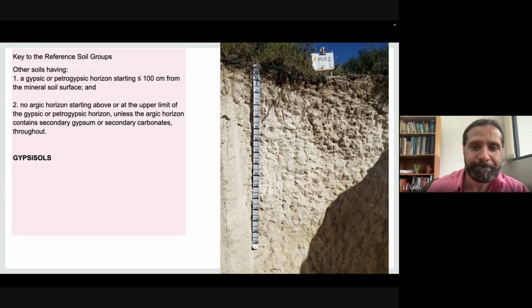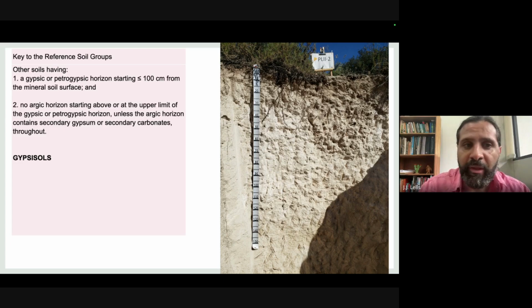Okay. We also have some soils that are expressing secondary precipitation of something. And in this case, they are the Gypsisols. The Gypsisols are not classified in the previous reference soil groups, and then they register a gypsic or petrogypsic horizon in the first 1 meter.